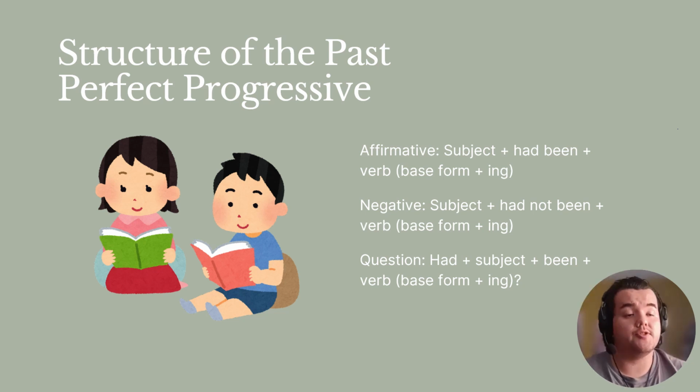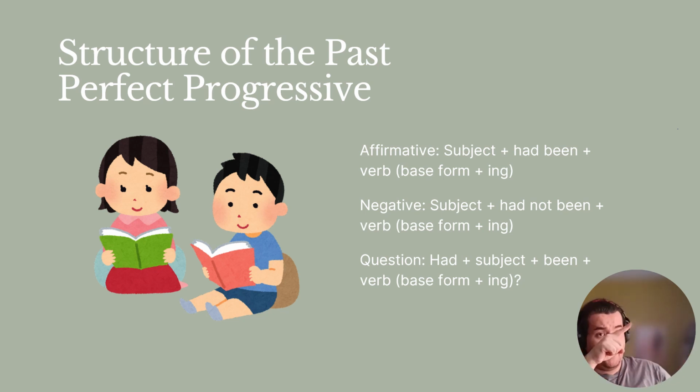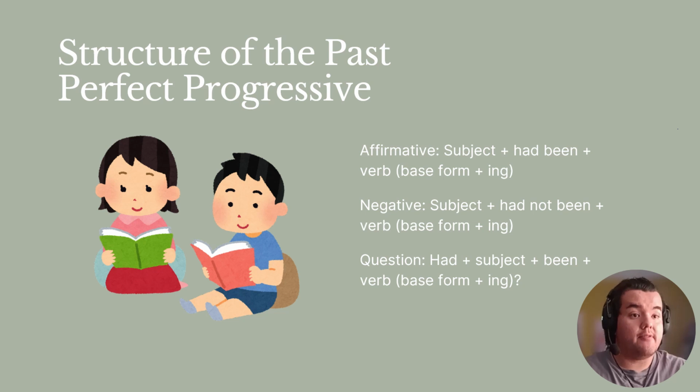We got our structure. For affirmative sentences, we got the subject: she, he, you, I, we, they. The auxiliary verbs: had been. We are going to use it all the time.